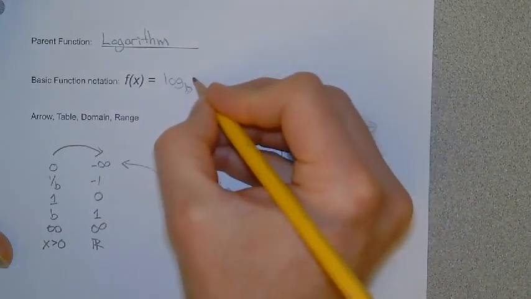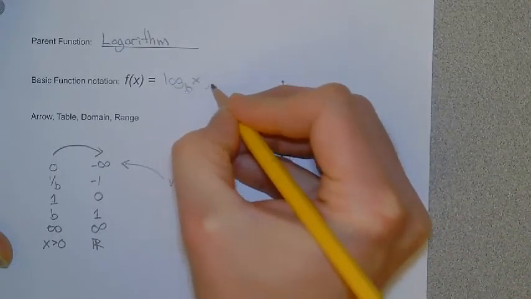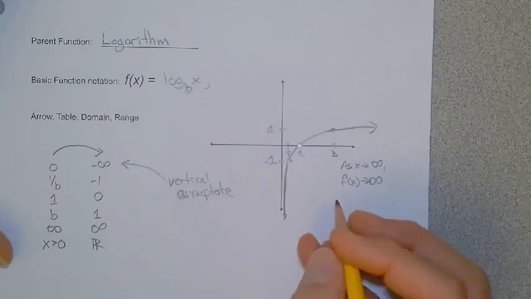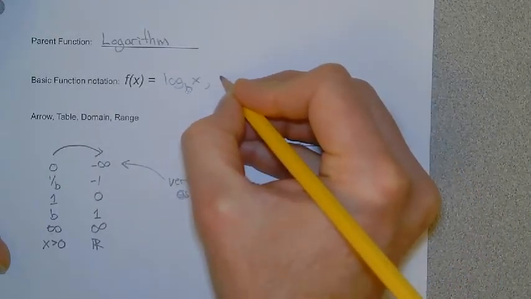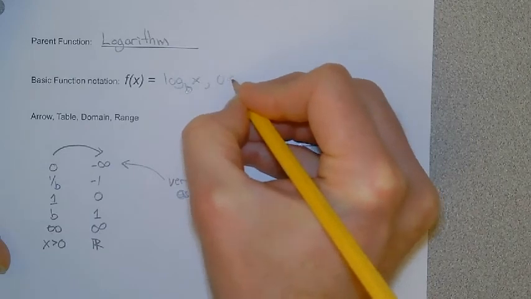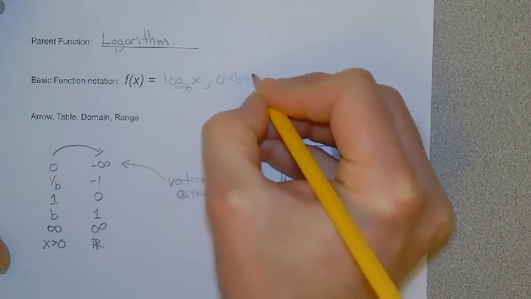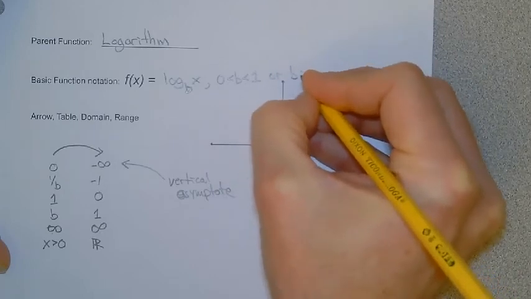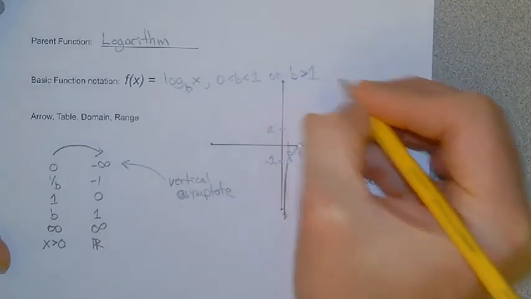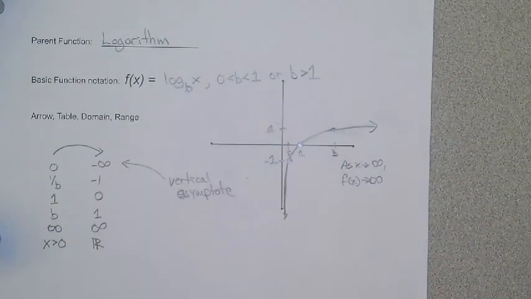So this is log base b of x, and we can cover the growth and the decay by saying that b is either between 0 and 1, or b is bigger than 1. b can't be 1 and b can't be negative. Same restrictions that were on our exponential growth and exponential decay.